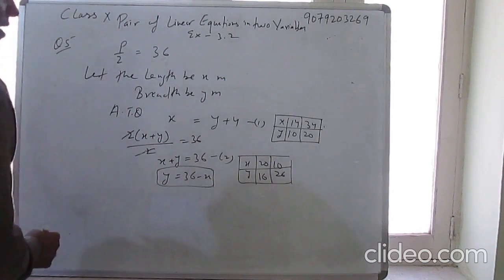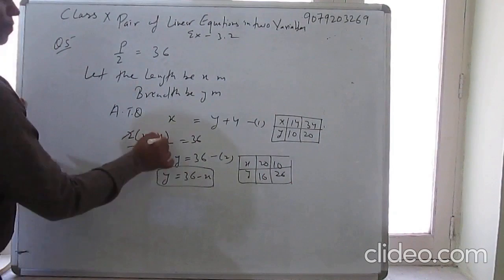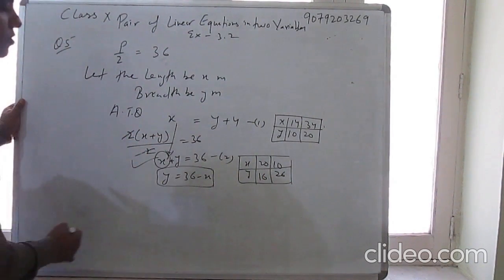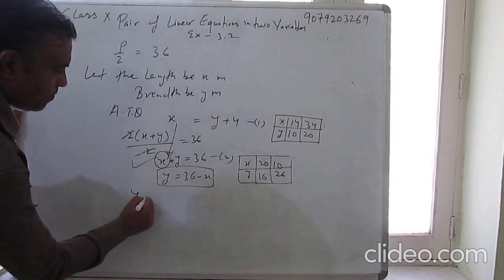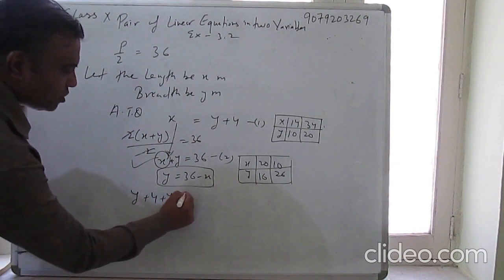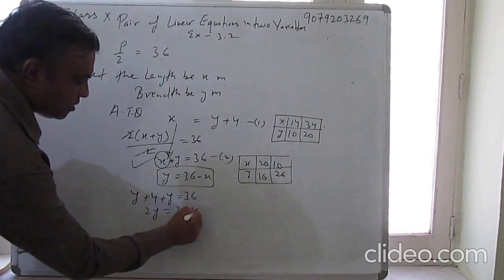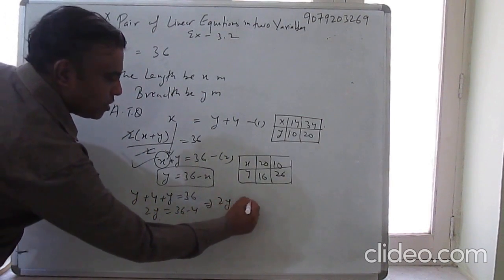Now, I will solve by substitution method. See here in equation 2, here it is x. Put the value of x here. Put y plus 4 plus y is equal to 36. 2y is equal to 36 minus 4. It means 2y is equal to 32.